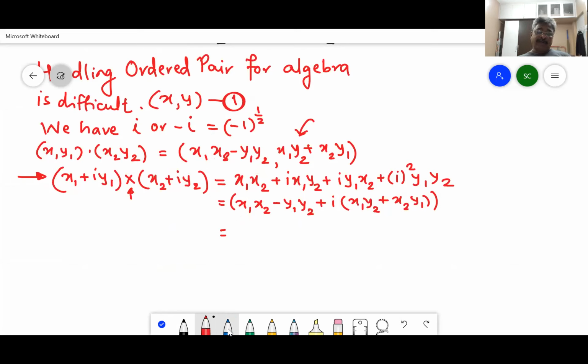So now let me start telling you the names. This part is called the real part of the complex number. This part is called the imaginary part.